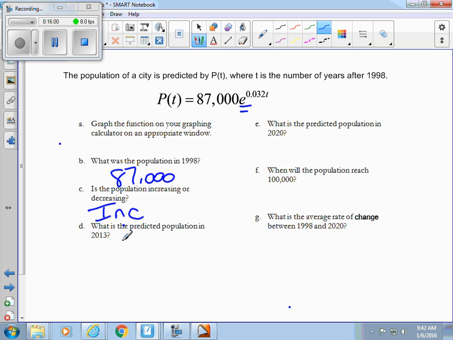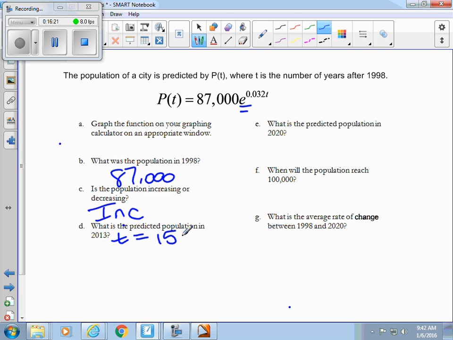What is the predicted population in 2013? Well, what am I going to find? What T value is 2013? 15. How'd you get 15? Just count. Good. 2013 is 15 years after 1998, right? So I'm going to go find the value.